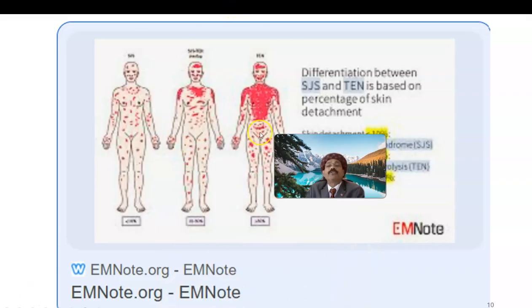So differentiation between Stevens-Johnson syndrome and TEN is based on the percentage of skin detachment. In Stevens-Johnson syndrome it should be less than 10%, but in case of TEN it should be more than 30%.